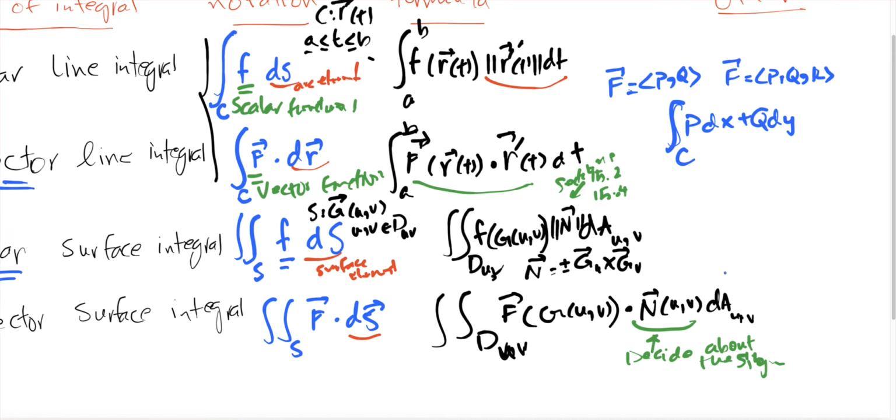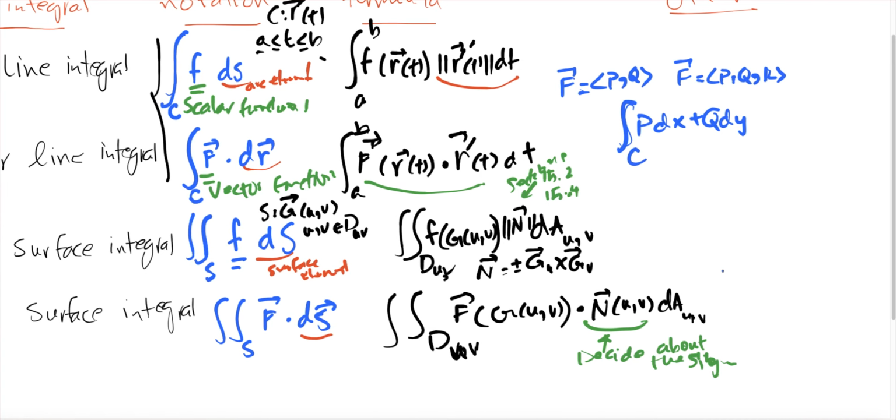The other thing that sometimes people use, obviously there are multiple notations for this, but another notation for this one is basically F dot n dS over S. So another notation for the surface integral is this.